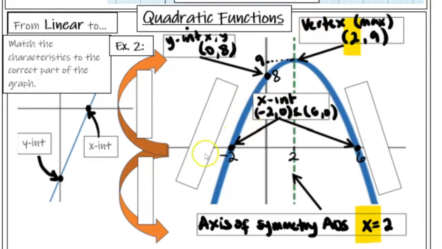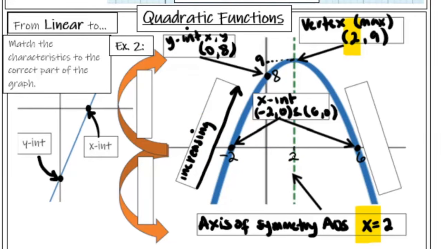All right. We're going to do this one right here. So what's happening here? This side of the graph is increasing. Okay, so this is increasing. And where is it increasing from? It's increasing from all the way up to here. The increasing and decreasing happens in relation to your axis of symmetry. So it's increasing to the left of x equals 2.